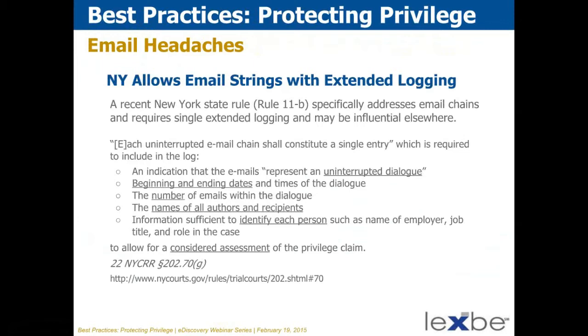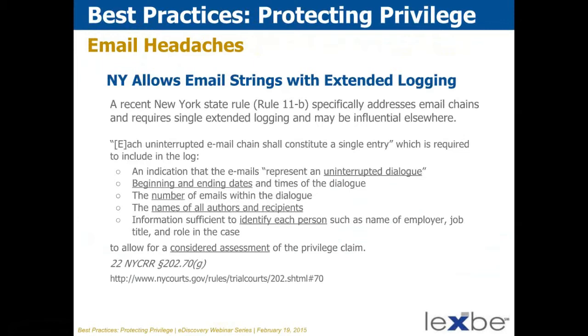What it says is an uninterrupted email chain will constitute a single entry on the log, but then there are requirements. One is that the email chain represents an uninterrupted dialogue. The beginning and ending dates of all the emails, the range of the total emails of the dialogue, is put in the privilege log. The number of separate emails within the chain is included.